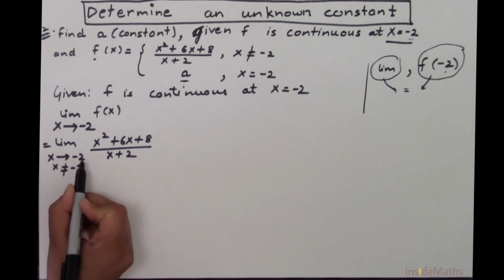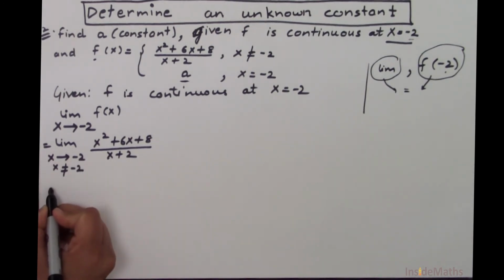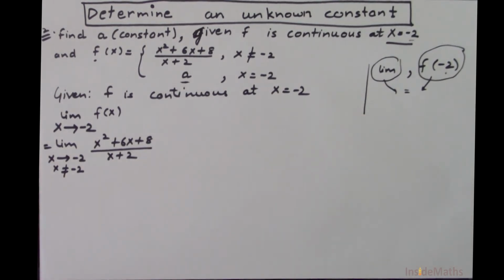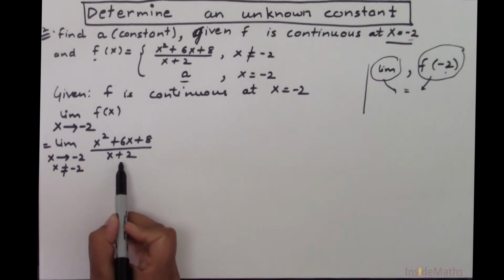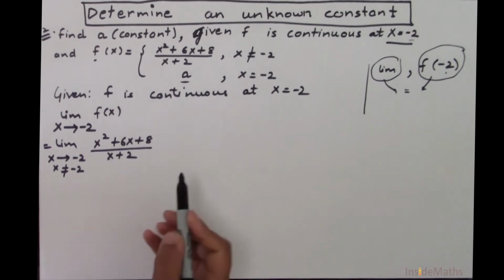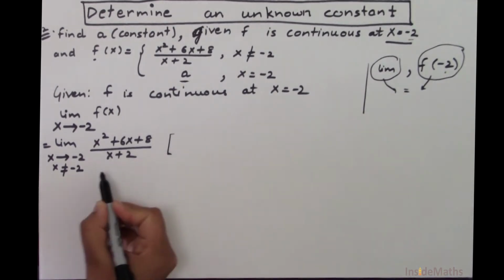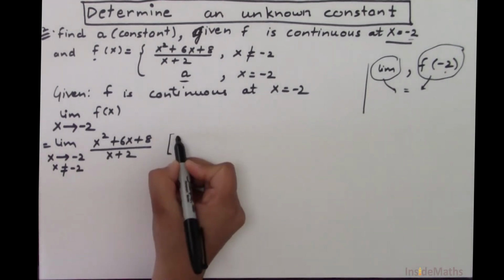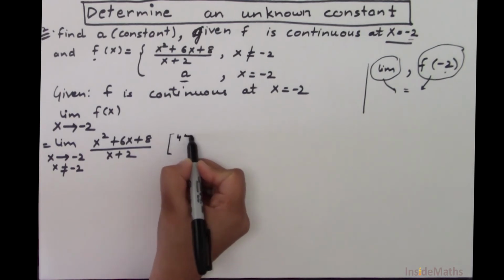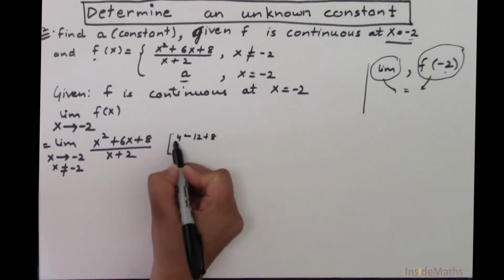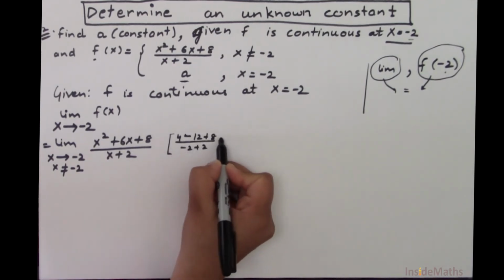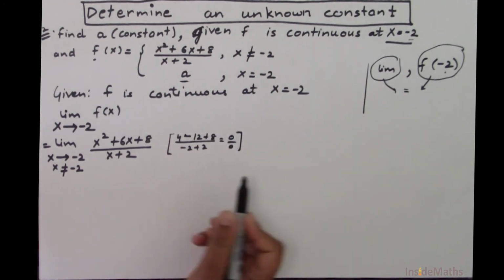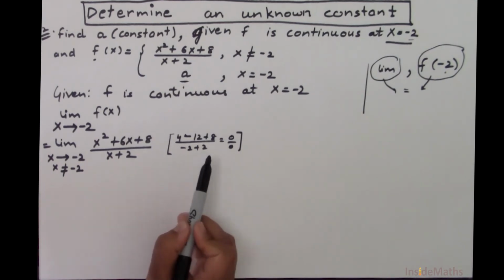That means when x is approaching to minus 2. Now here if I use direct substitution method, it fails, as I'll do it over here. If I put negative 2 at the place of x, I get 4 minus 12 plus 8, and in denominator minus 2 plus 2. So 12 minus 12, that is 0 over 0 form. So here the direct substitution method fails.